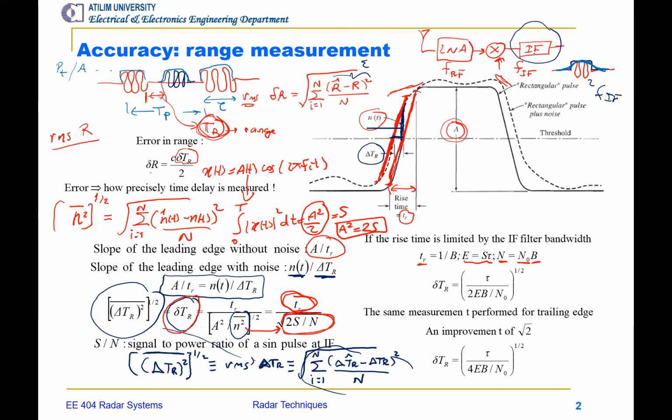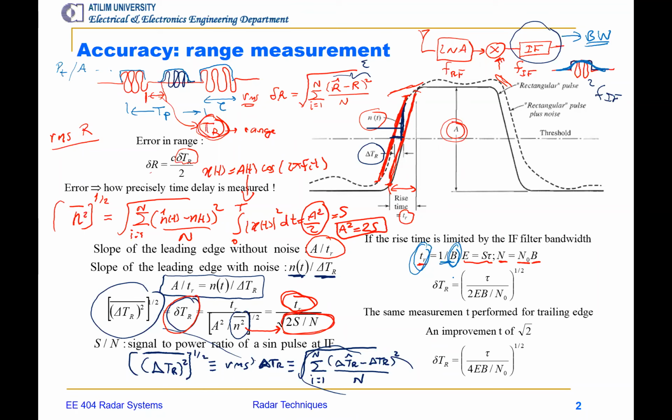And the bandwidth of this IF filter here will be determined by the rise time, actually. The inverse of the rise time will give us the bandwidth of this filter. So here B is inversely proportional to the rise time, and it's related to the bandwidth of the filter.